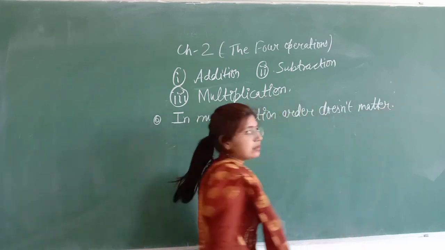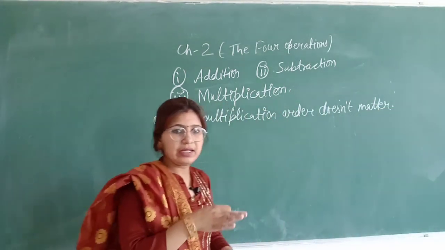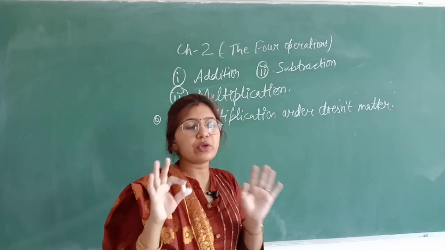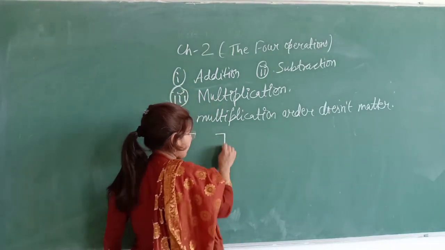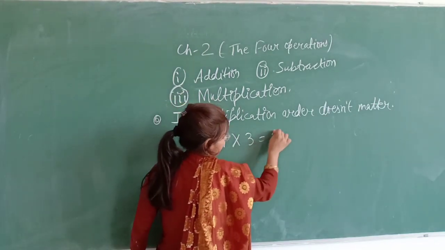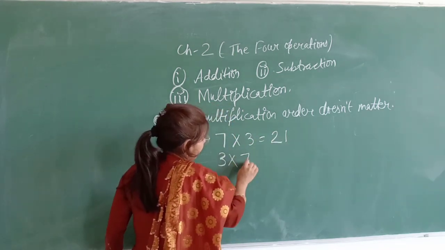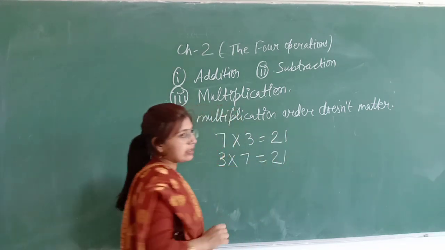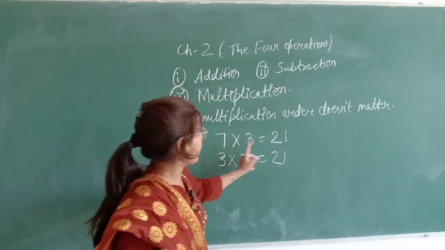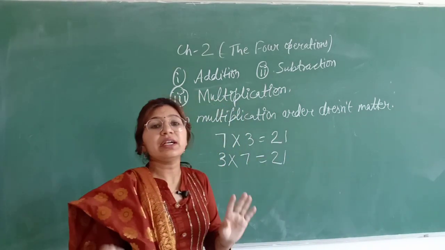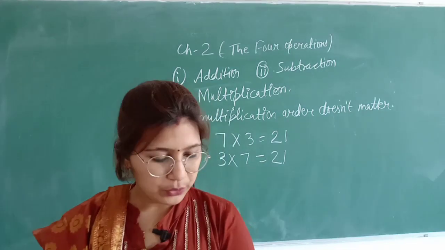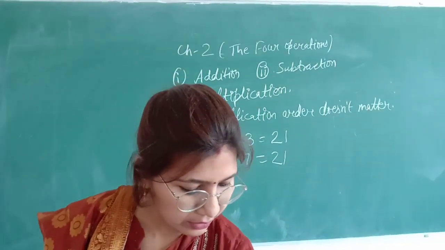Like addition, you can keep your number wherever you want to put. Like if I am doing 7 into 3, it will give you 21. Similarly, if you do 3 into 7, again you will get 21. It means that during multiplication, order does not matter.